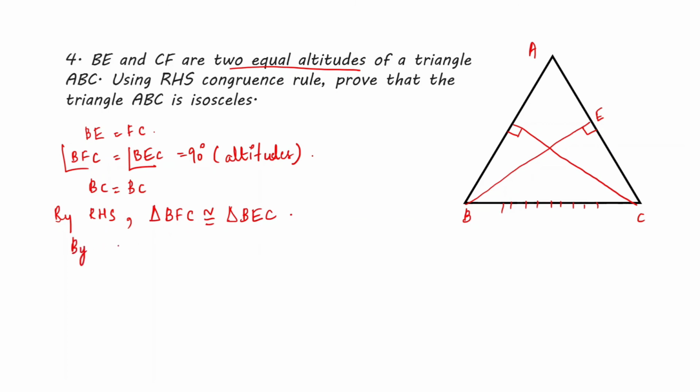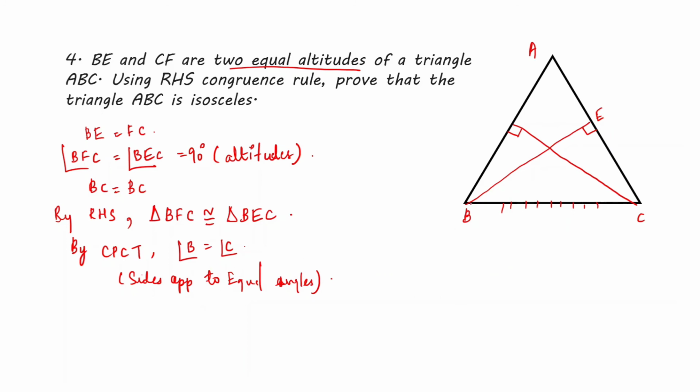Since these two triangles are congruent, by corresponding parts of congruent triangles, we could say that angle B is equal to angle C. By the theorem, sides opposite to equal angles will always be equal.